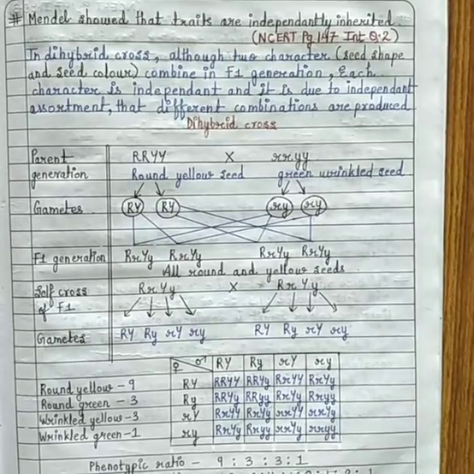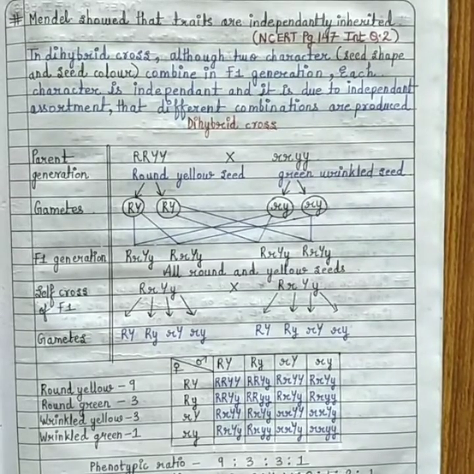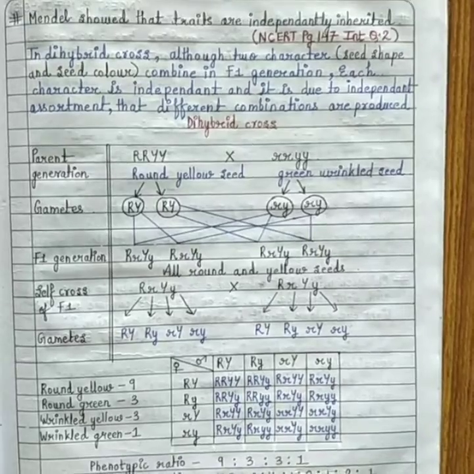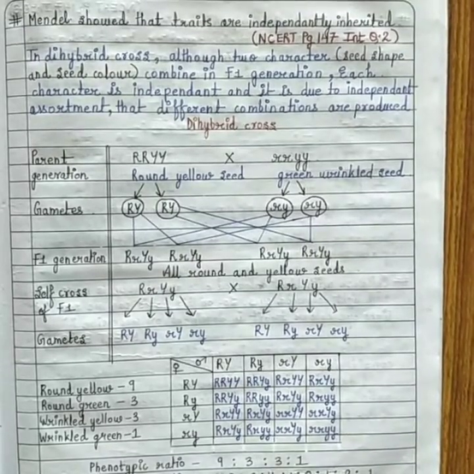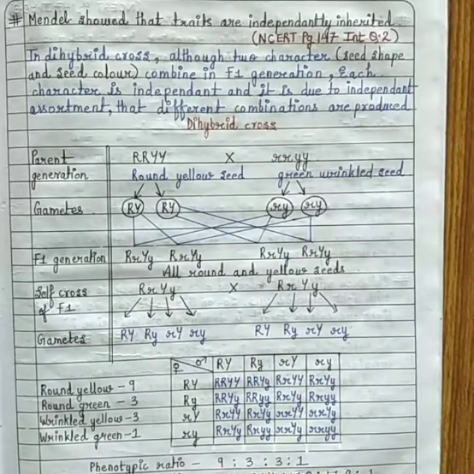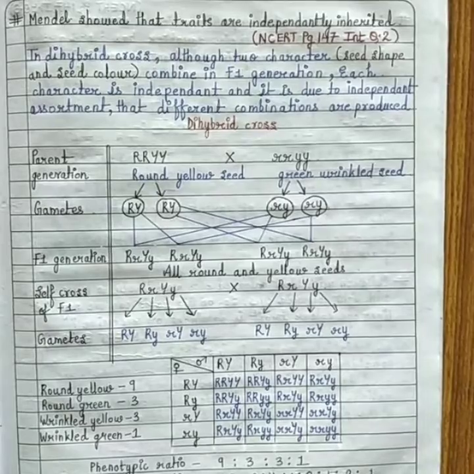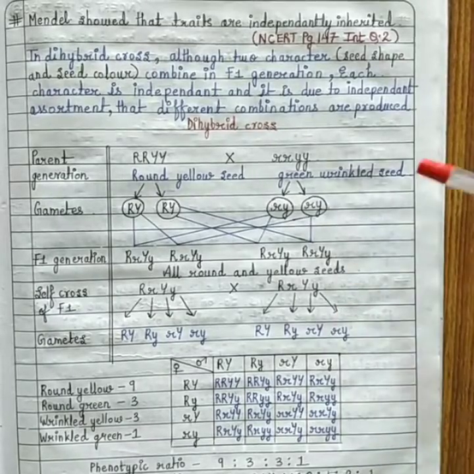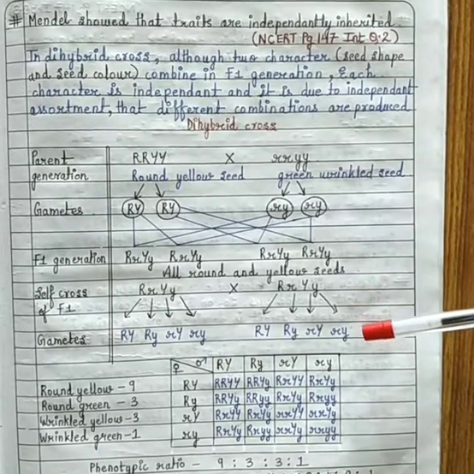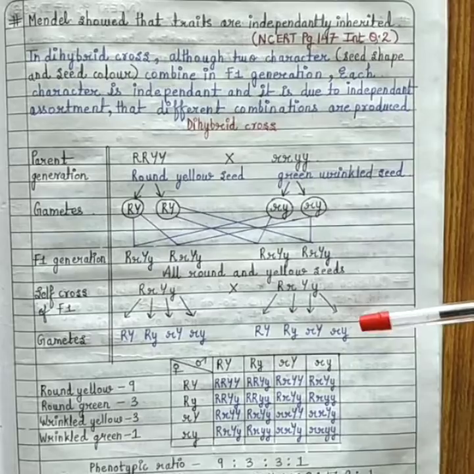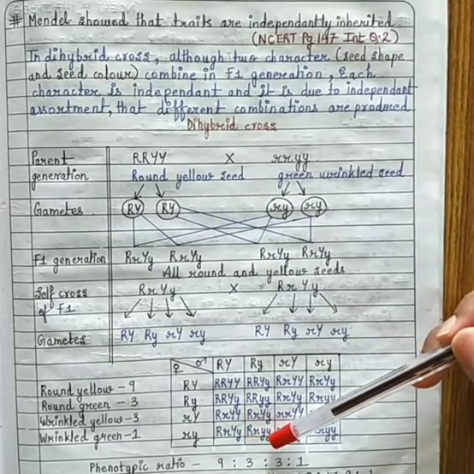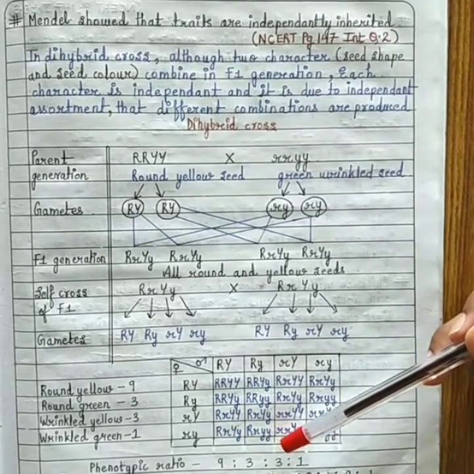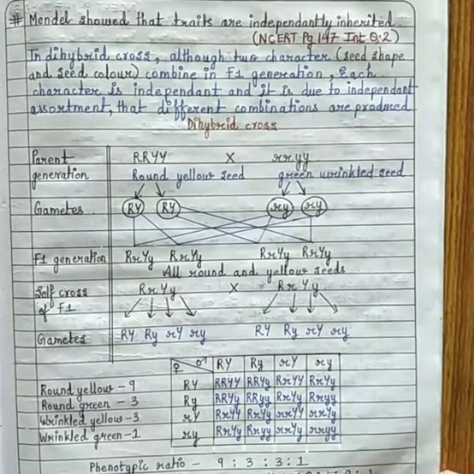Just as a trick, I'm telling that the genotypic ratio is 12, 24, 12, 12, 1. With this trick, you can remember it. Otherwise, there is no 12 and no 24; it's 1:2 and 2:4. So for the monohybrid cross, the phenotypic ratio was 3:1 and the genotypic was 1:2:1. For dihybrid, the phenotypic ratio is 9:3:3:1 and the genotypic ratio is 12, 24, 12, 12, 1.